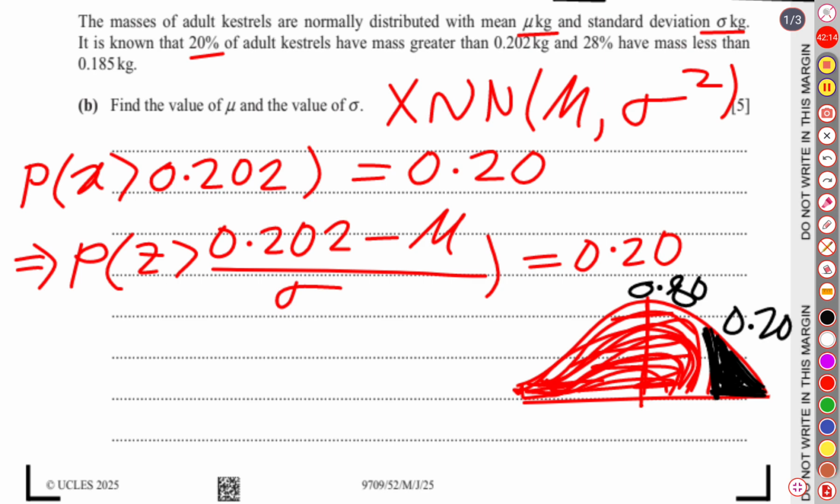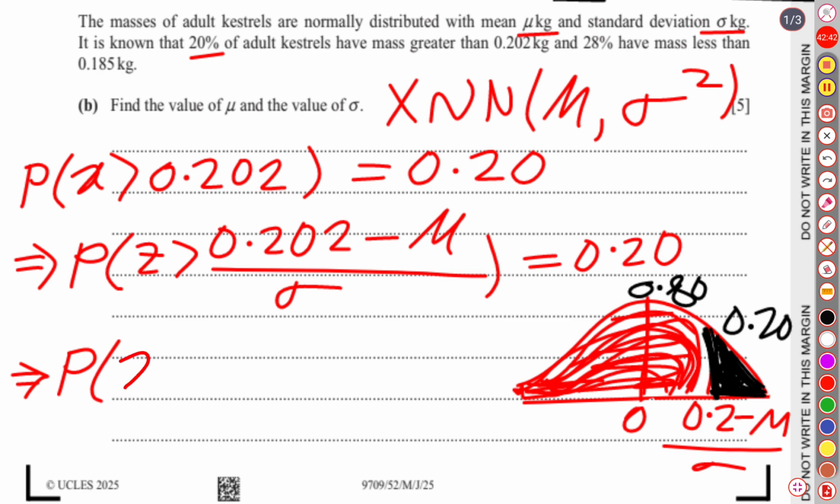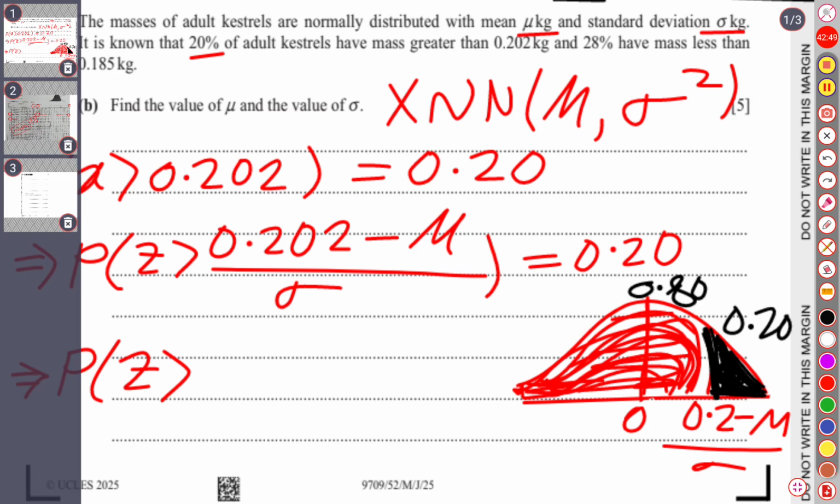Well, then, the location of the z-score is, look at this, lying on the right side. So it is 0.202 minus mu over standard deviation. As it is lying on the right side of 0, surely this is positive. So our z-score is lying on the right side, so it will be positive.